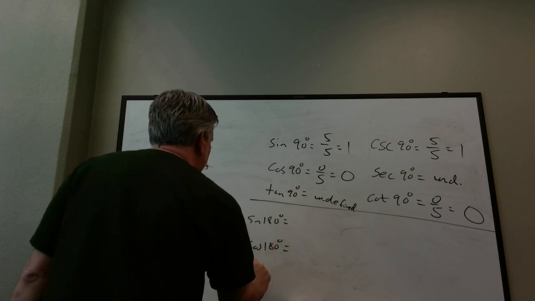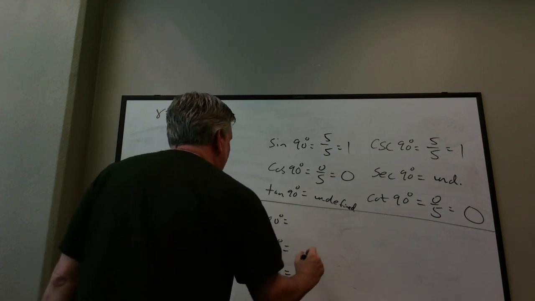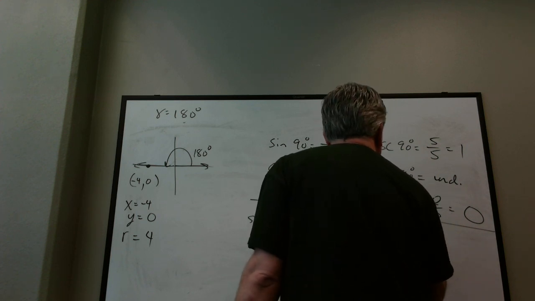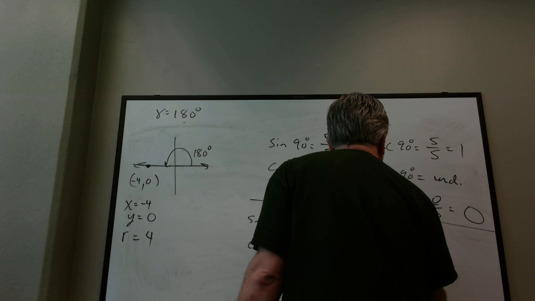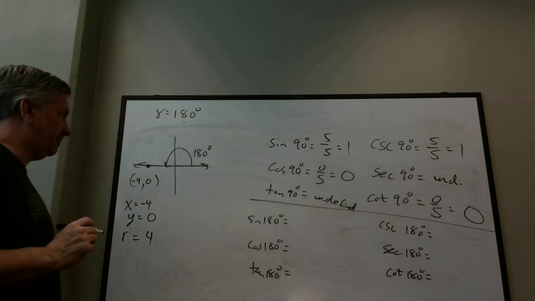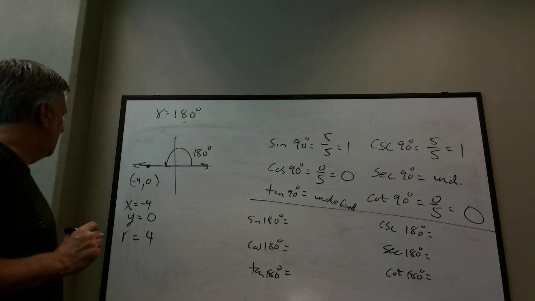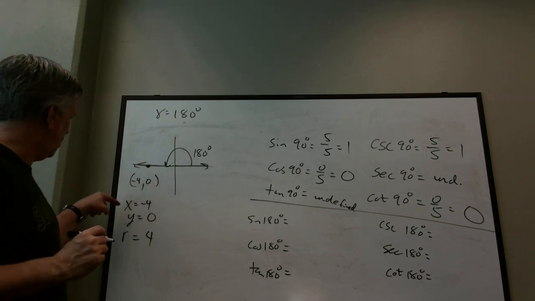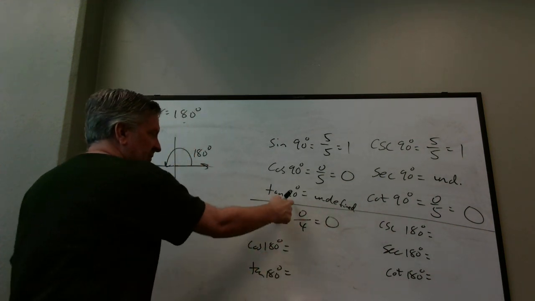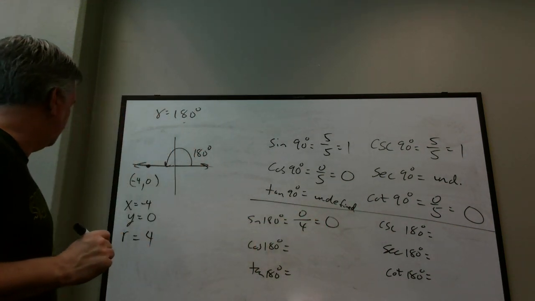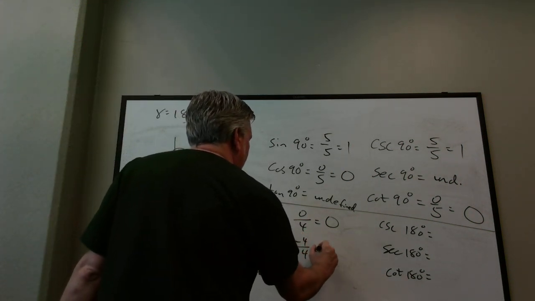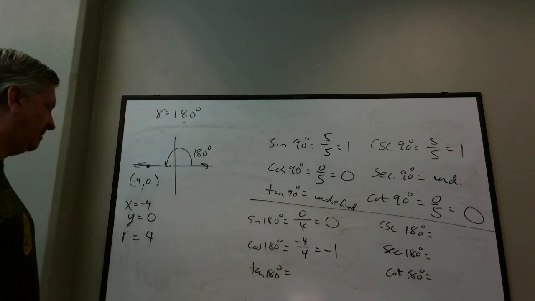Okay, so let me work these out with my values, and we'll see if your values and my values match. Okay, so sine is y over r, so I'm getting 0 over 4 is 0. So you got 0 over your r value, you should have still gotten 0. Cosine is x over r, so you should have gotten negative 1.